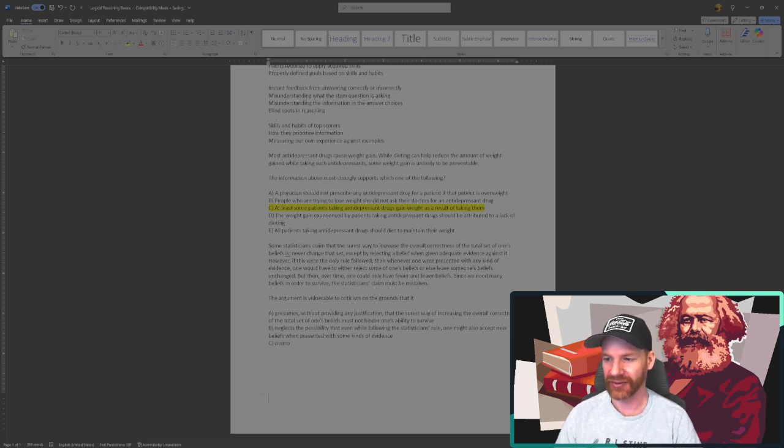The argument is vulnerable to criticism on the ground that it overlooks the possibility that some large sets of beliefs are correct overall, are more correct overall than are some small sets of beliefs.